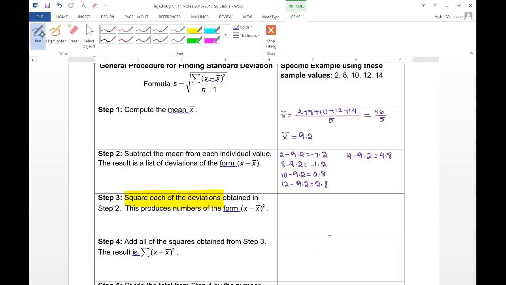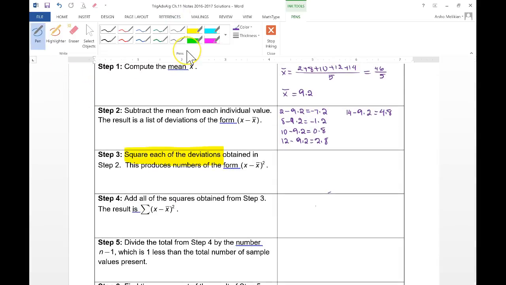When you're squaring a number, what will the sign turn out to be always? Positive. So if you square a negative number, you get a positive number. Negative 2 times negative 2 is positive 4. You have to put parentheses. So when I'm squaring these, can I just ignore the negative for the negative 7.2? I can totally ignore it. So 7.2 squared, 1.2 squared.